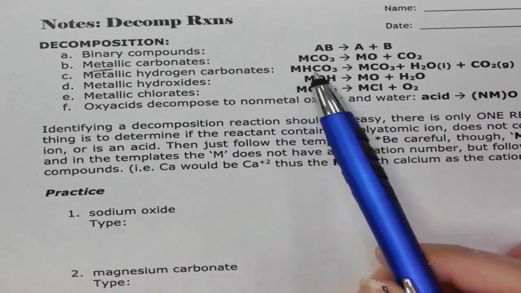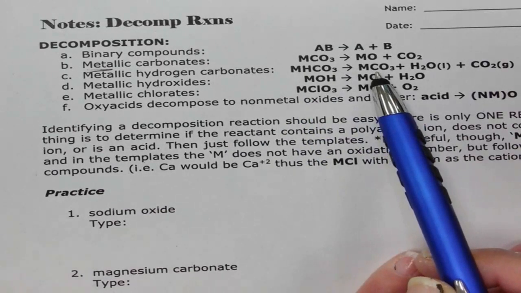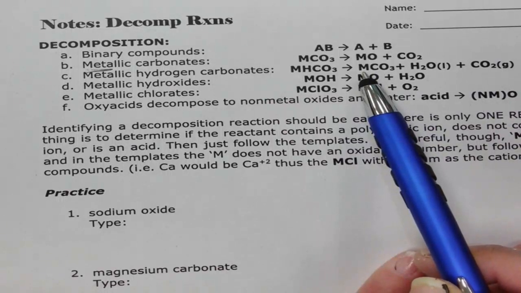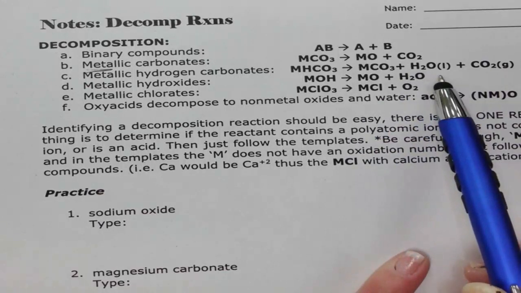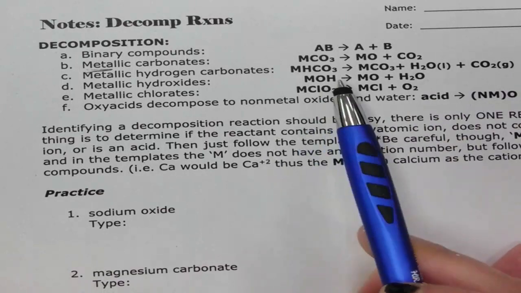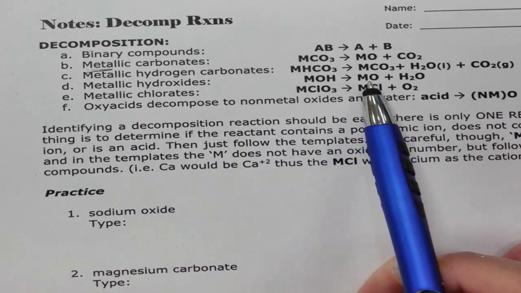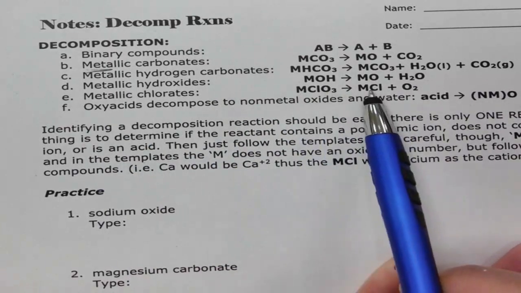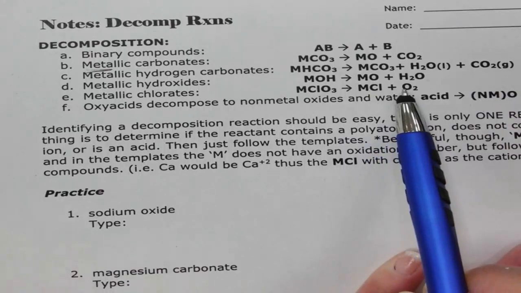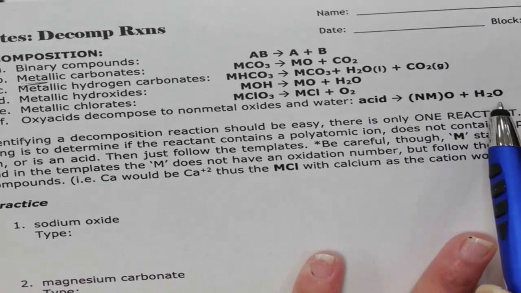If we have a metallic hydrogen carbonate, that's going to make a metallic carbonate plus water plus carbon dioxide. If we have a metallic hydroxide, that makes a metal oxide plus water. A metallic chlorate is going to make a metal chloride plus water. And then an acid is going to make a non-metal oxide plus water.